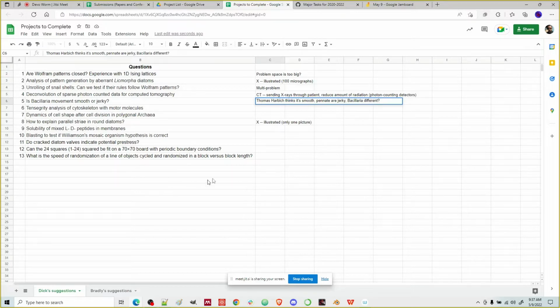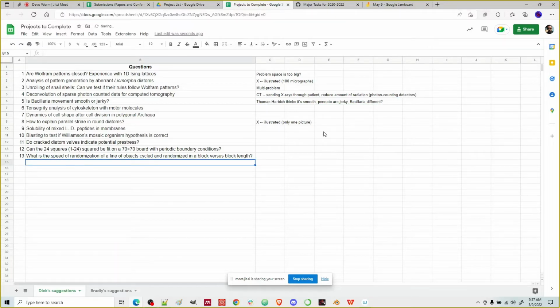I think the first measurements of the jerkiness of diatoms were done in 1979 at 10 frames a second. Currently, most movies that are online for Bacillaria would be about 30 frames a second. So I don't think anyone working on this has to take any new movies.